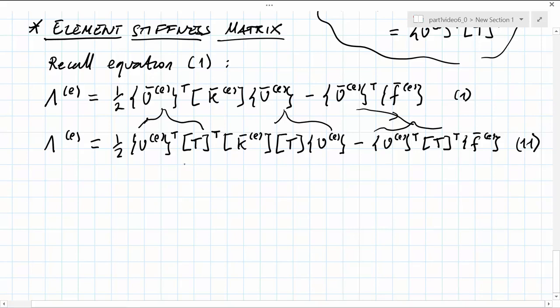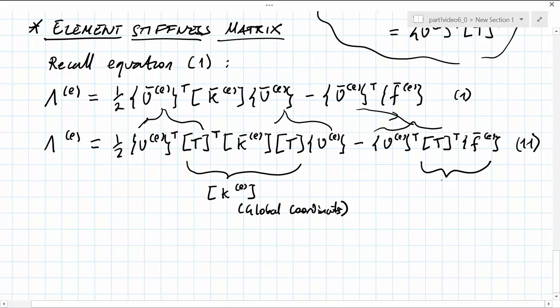The term T transpose K bar E T is actually now the element stiffness matrix in global coordinates. And similarly, this is the element force vector in global coordinates.